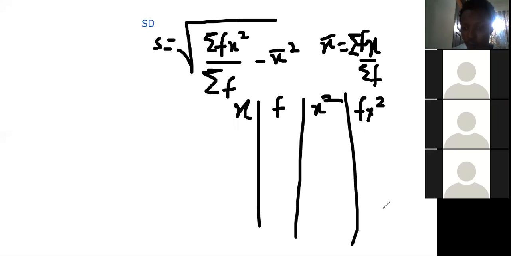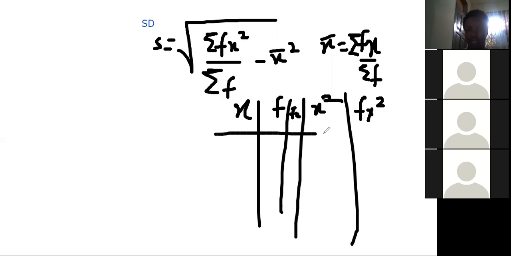Now when you finish, you find sigma fx, then you divide by the total of this all over this one. You get it? You have to find fx, because that will enable you to find this. So if you don't understand, you can also get fx here. So this fx, x squared, fx squared. I hope you get it.